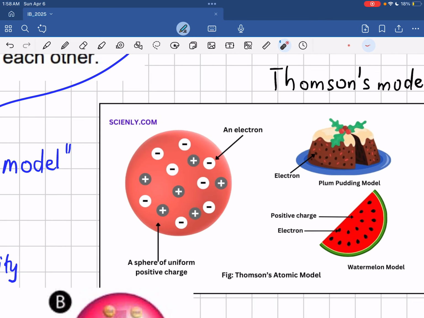Maybe not all of us are familiar with plum pudding because it's a traditional cake for his country, but we can imagine it's just like the watermelon model: the little seeds are the electrons, and the whole piece of watermelon is the positive charge. Makes sense, right? Or think about a raisin cake, where each raisin can be considered a negative electron.